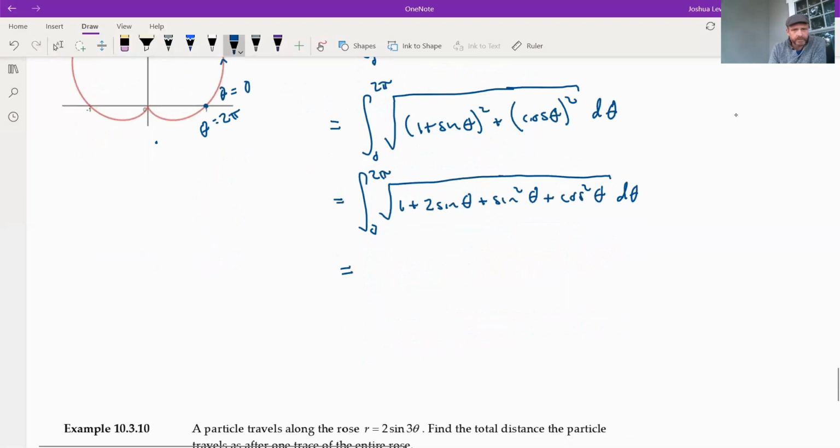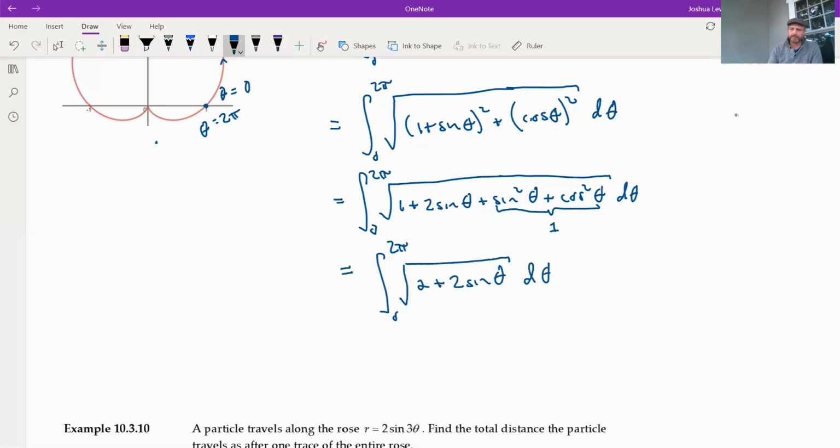And then, of course, we notice that sine squared plus cosine squared is just 1. So we have the integral from 0 to 2 pi of the square root of 2 plus 2 sine theta, d theta, okay?